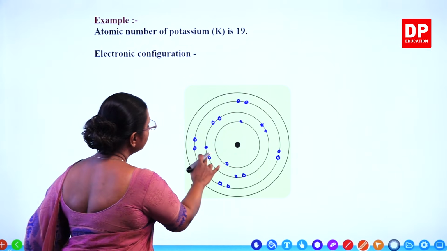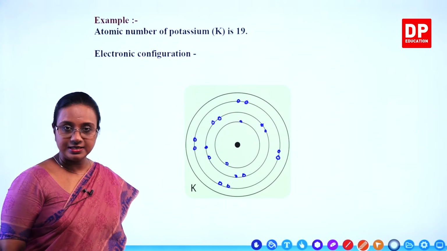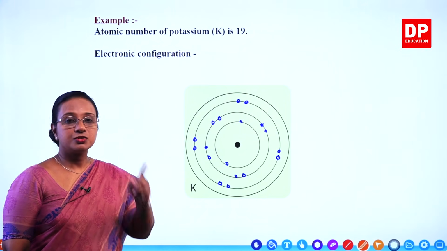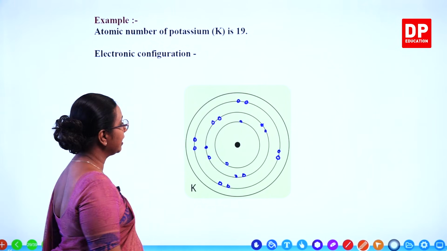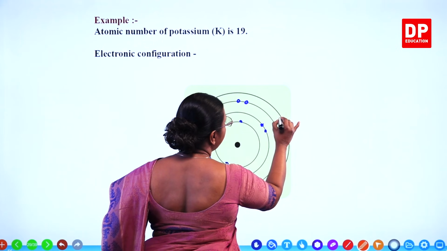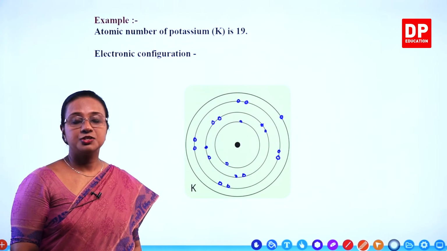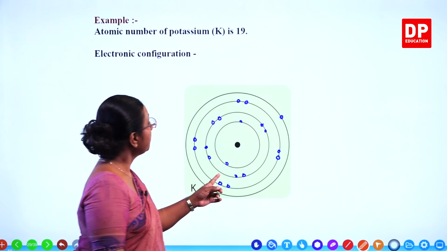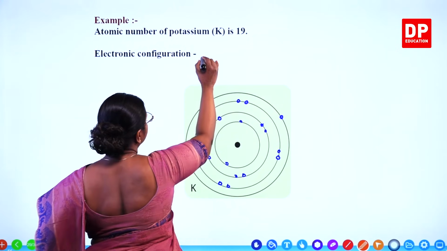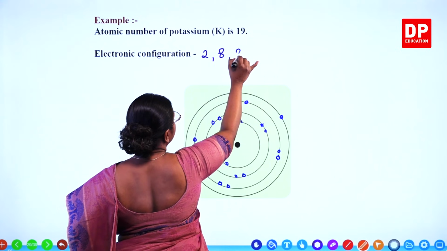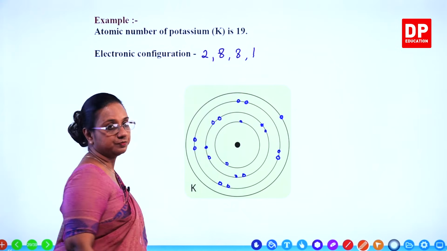So we have 2, 8, 8, that is 18. But there are 19 electrons. So there will be 1 electron in the outermost energy level or the valence shell. From this, we can write the electronic configuration 2, 8, 8, 1.